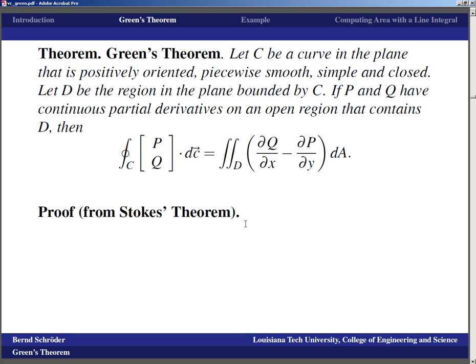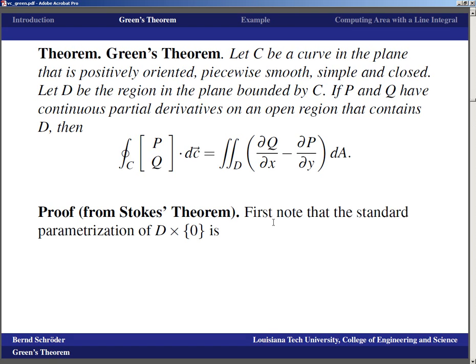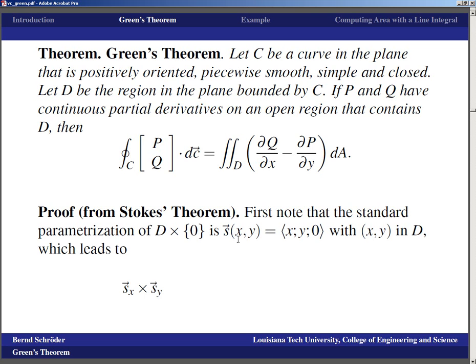In terms of a proof, well, if we prove it from Stokes' theorem, we first note that the standard parametrization of a 2-dimensional region, when I put it into 3-dimensional space as D cross 0, where I just put an artificial 0 z component on there, is that the surface of x and y is just (x, y, 0), with xy being in D, so I'm not going to change anything there in terms of how to parameterize D. Then I get the x partial cross the y partial of this parametrization.